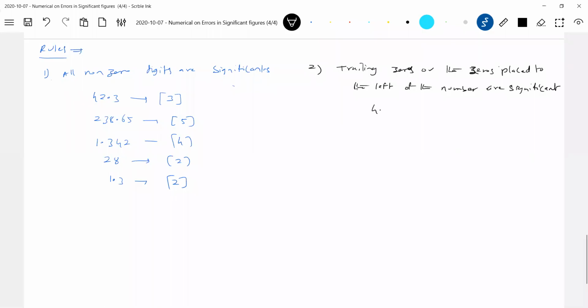Means if it is like this, 3.800, number of significant digits 4. 3, 8. Okay, next again. 38.0. So this is significant. Trailing zeros or zeros placed to the left of the.